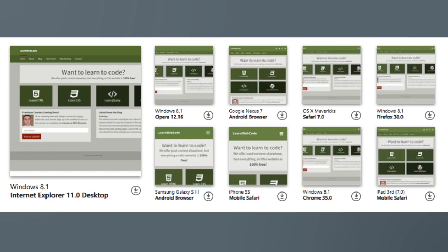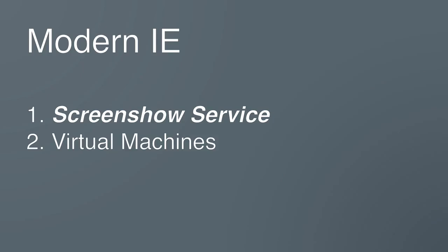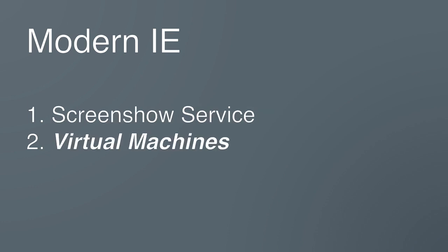Currently, the modern.ie website will deliver screenshots viewed through the newest version of Internet Explorer, a Google Nexus, a Samsung Galaxy, an iPhone, an iPad, and even a screenshot of Safari running on Mac. This is great. Screenshots can be very helpful. But the real strength of the modern.ie website is the wealth of virtual machines that they offer.